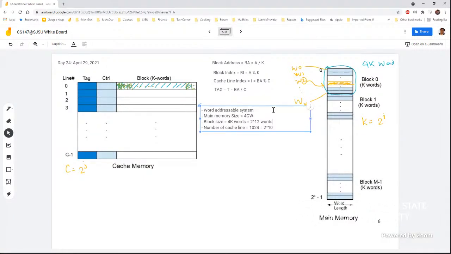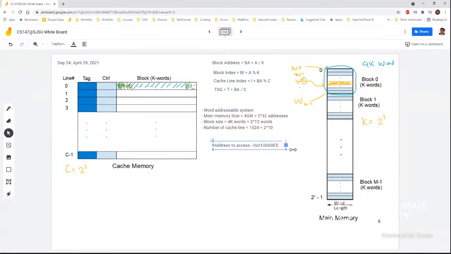And in terms of power of 2, the memory is 2 to the power 32 addresses. It's a word addressable system, so that's fine. Now let's say we are trying to access this address, maybe 0100 AB5. I just picked a random address to access.